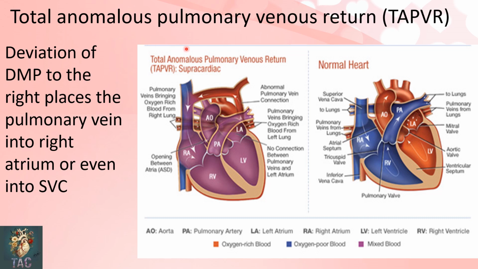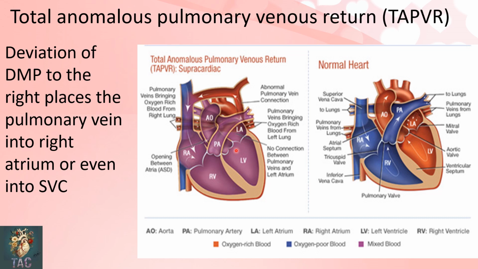First anomaly is total anomalous pulmonary venous return. This anomaly is related with the dorsal mesenchymal protrusion, and in this case the DMP is deviated to the right side. First look at this diagram. This is the normal heart and this is the anomalous heart. In this you can see right atrium and left atrium, right ventricle and left ventricle, interventricular septum, interatrial septum. This is the pulmonary artery exiting from the right ventricle, and the aorta exiting from the left ventricle.